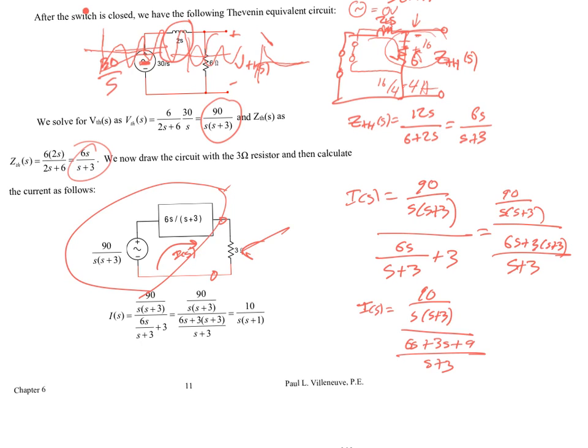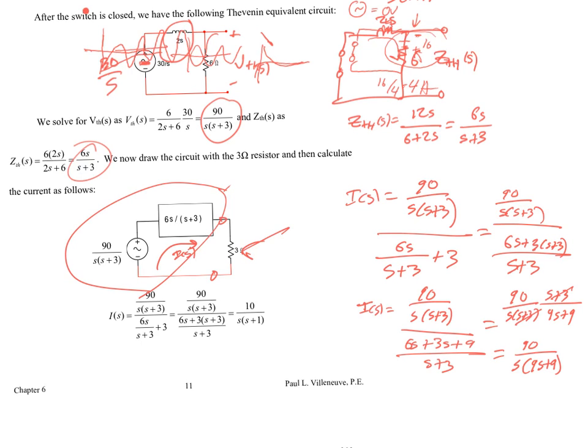Agree with that? Now I'm going to invert and multiply: 90 over s times s plus 3, times s plus 3 over 9s plus 9. Cancel, cancel, equals 90 over s times 9s plus 9.